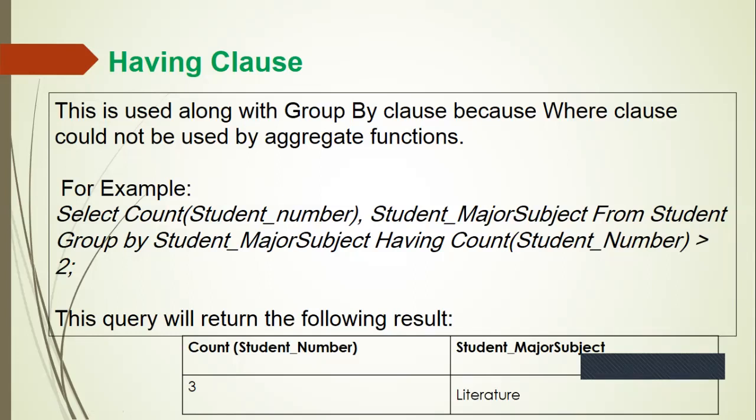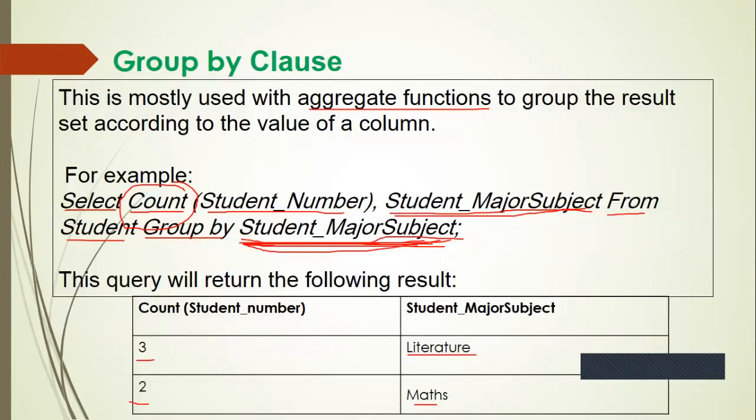We have seen in the previous example that in output we have taken the count of the students who have enrolled in different subjects. Now suppose I want to apply a having constraint on it. So what can I write extra?